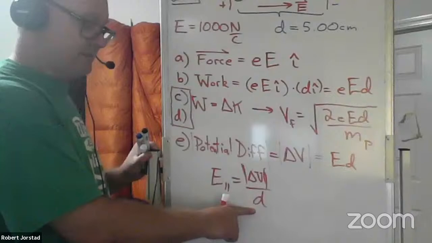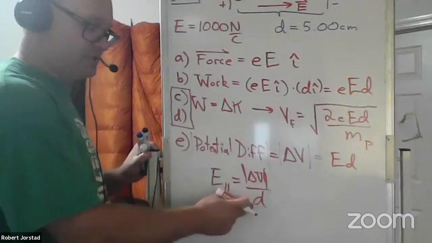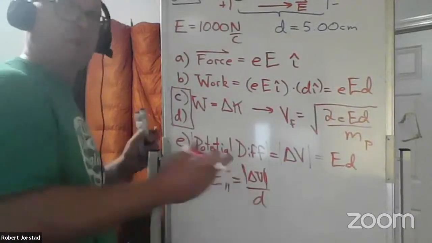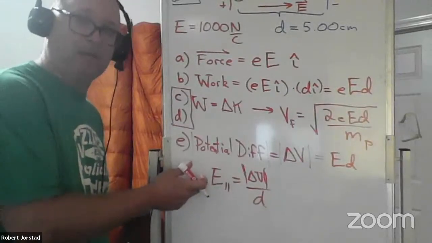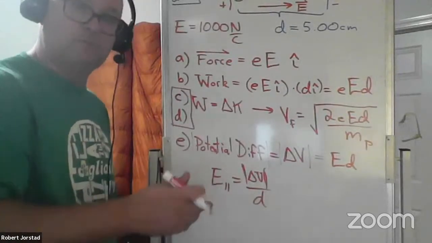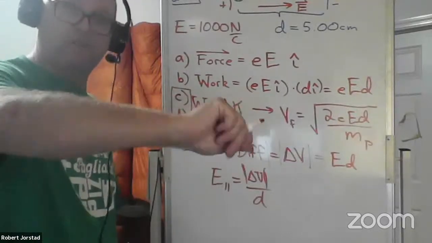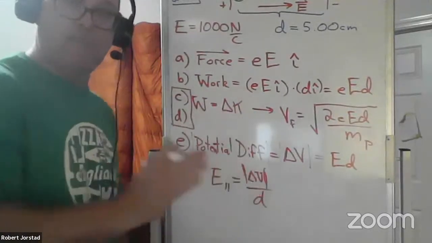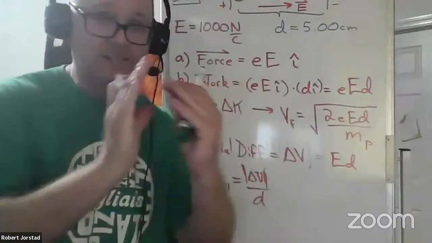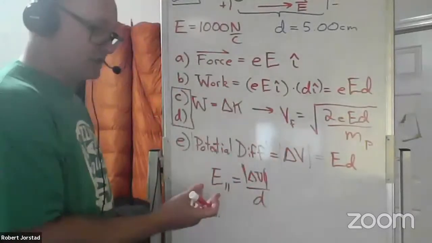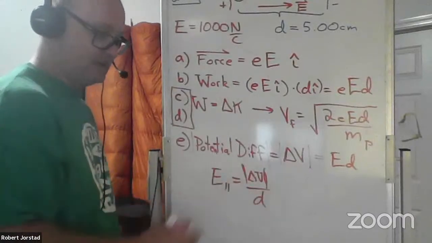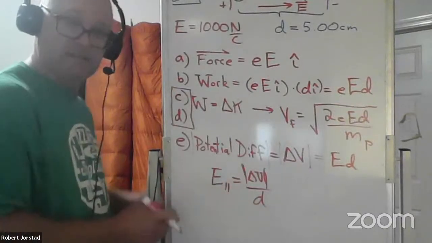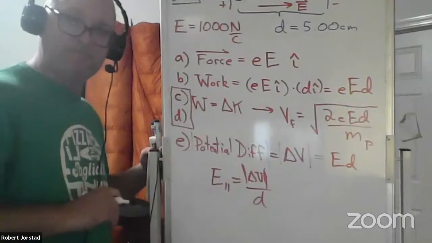So if you know the voltage and the plate spacing, from a practical standpoint, you get the electric field that way all the time in a lab class, right? You could change the power supply voltage, you could change delta V, and remember those metal plates I had, you could change the spacing. And so you could control the electric field very easily by knowing voltage difference and the distance between the plates. Is that enough on that?